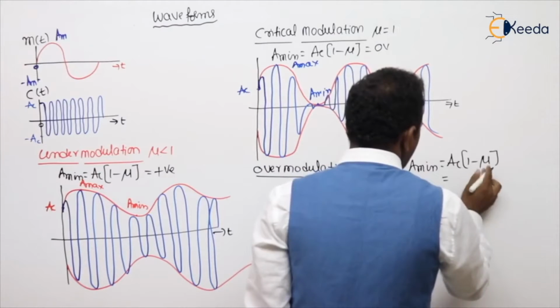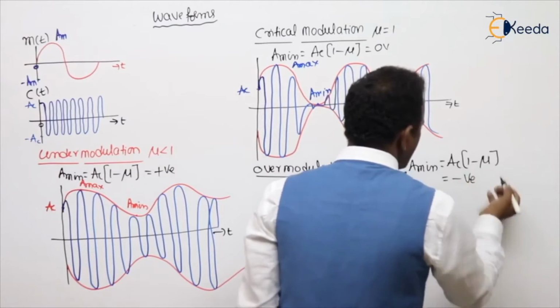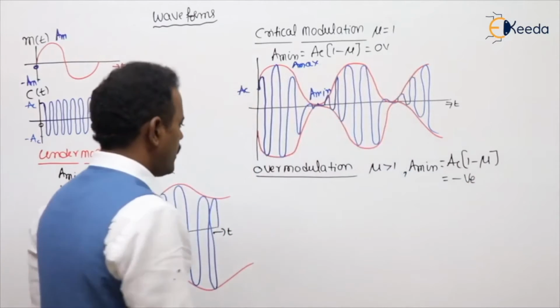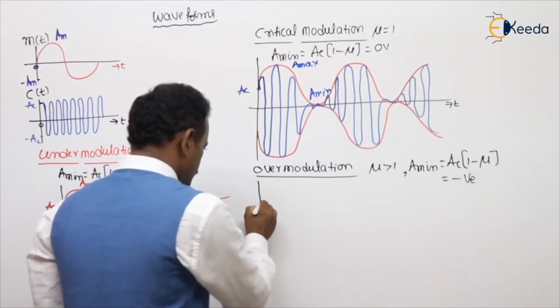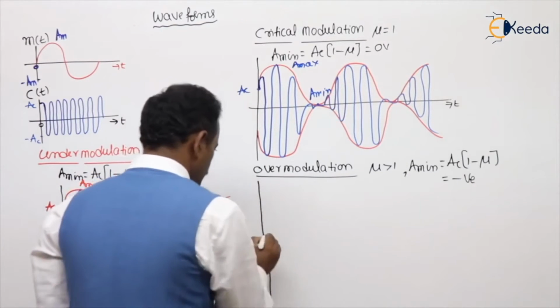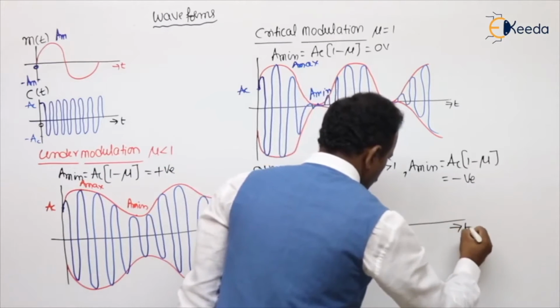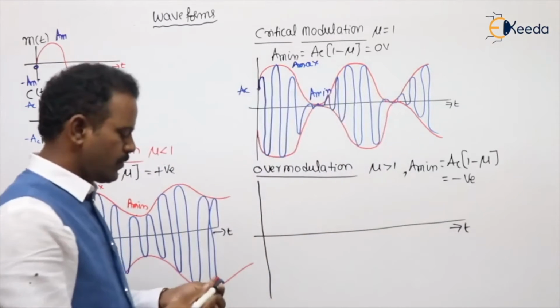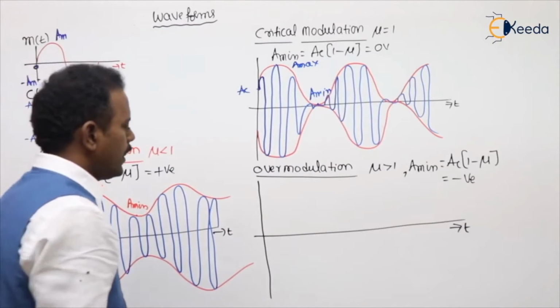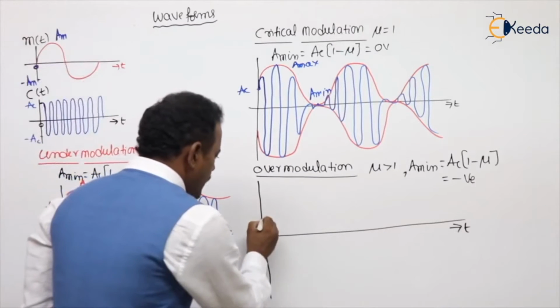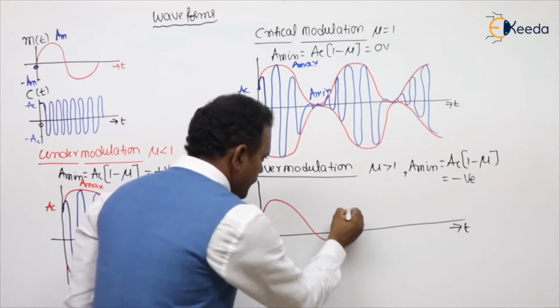Mu is greater than 1, so A minimum is negative. Now follow. If I draw the waveform here, A minimum value is negative.